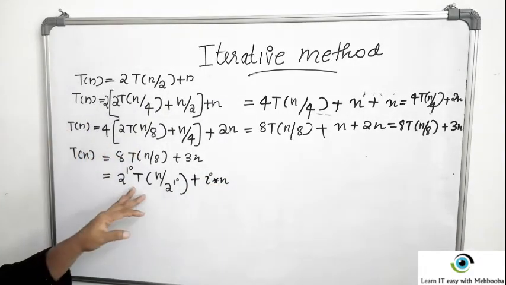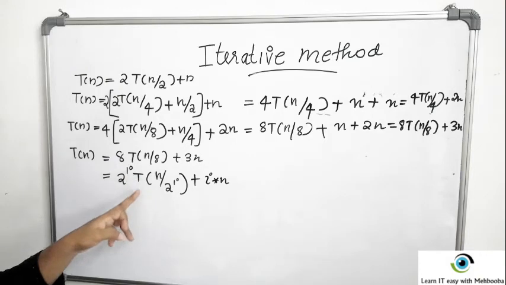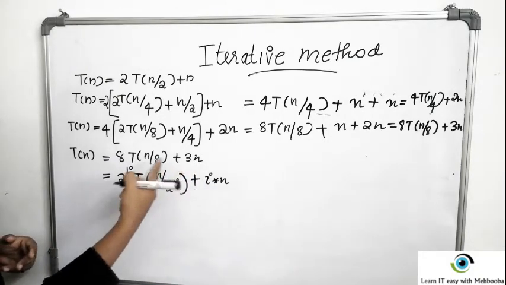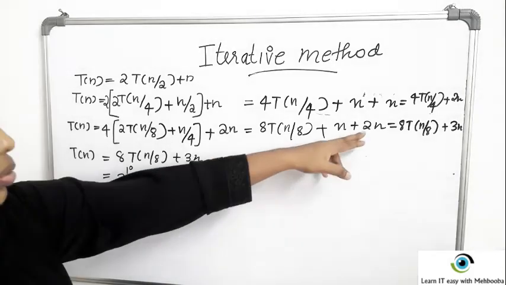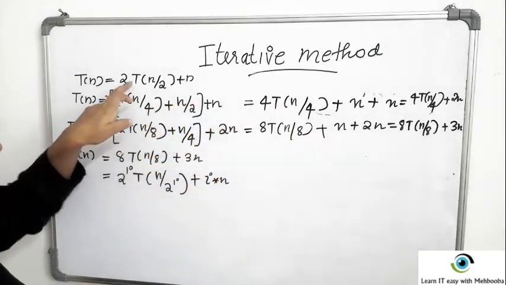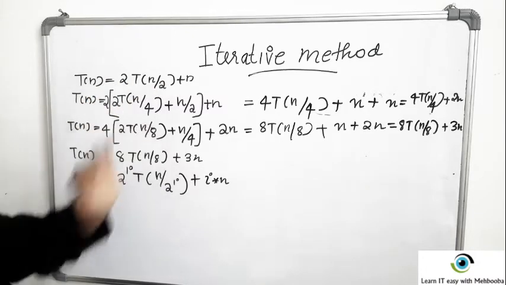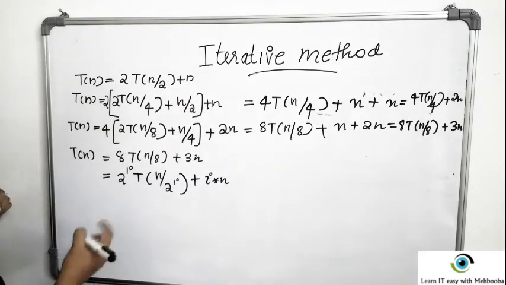Because when i is equal to 3, this becomes 8T of n by 8 plus 3n here. When i is equal to 2, this happens. When i is equal to 1, this happens: 2T of n by 2 plus n.